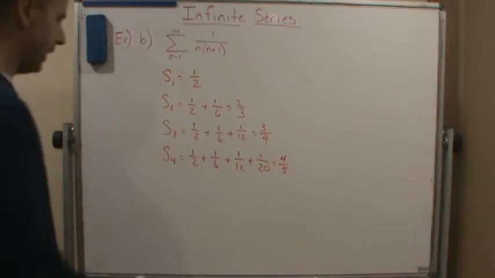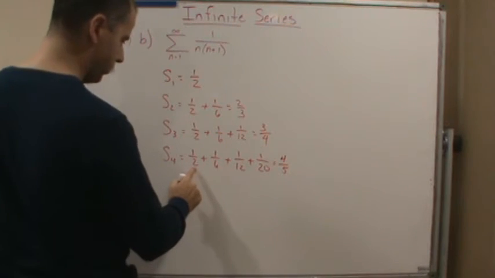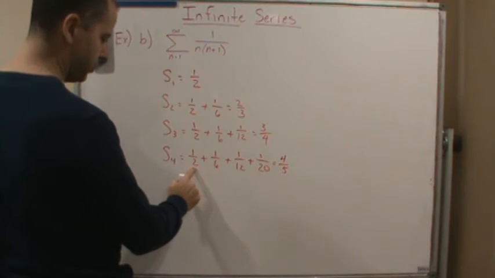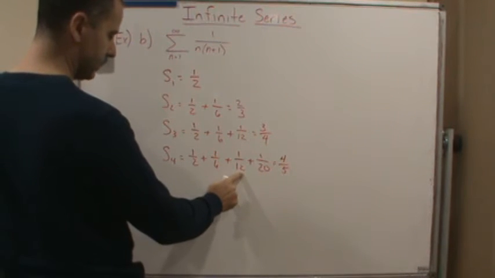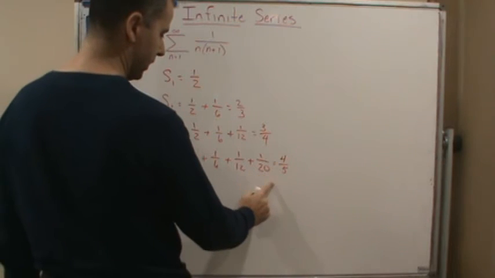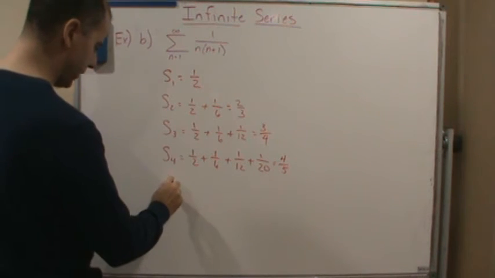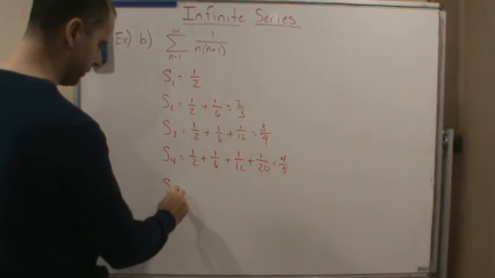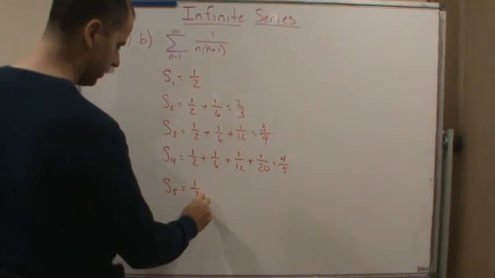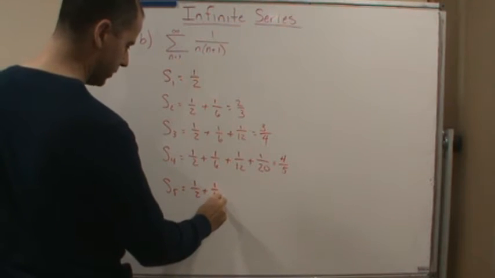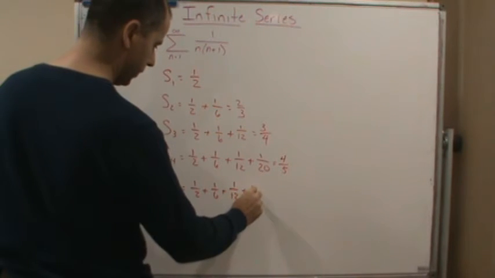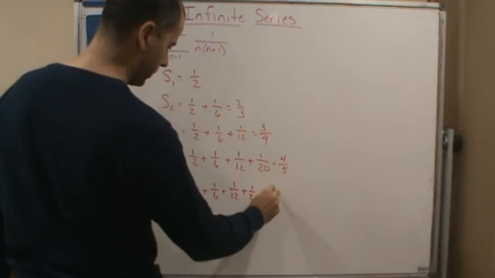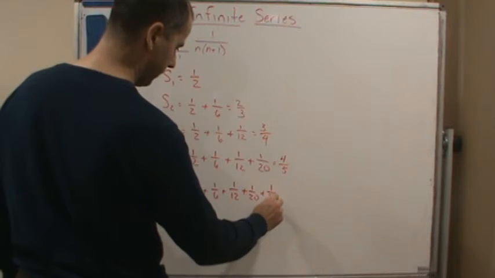Okay, and if we could see the pattern, right? This is going from 2 to 6. This is plus 4, then plus 6, then plus 8, and then plus 10 is going to give us S of 6, or excuse me, S of 5. So this is going to be 1/2 plus 1/6 plus 1/12 plus 1/20 plus 1/30.